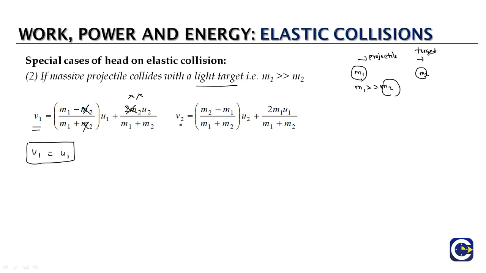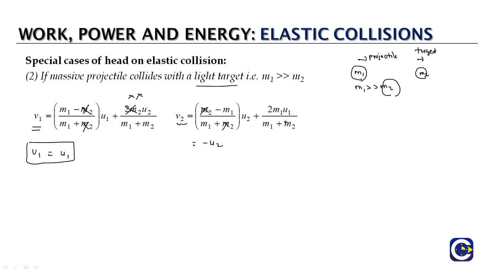Let us come to the V2 side of it. V2 will be equal to, as per the head-on elastic collision formula, (M2 minus M1) by (M1 plus M2) into U2 plus 2M1 U1 by (M1 plus M2). Here M2 is negligible in comparison to M1, so we'll neglect it. So we have numerator minus M1, denominator M1, which is minus U2.